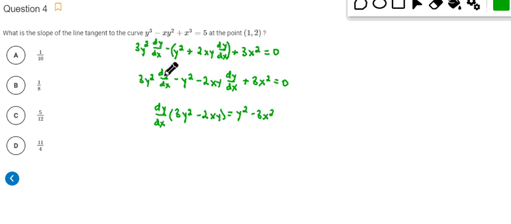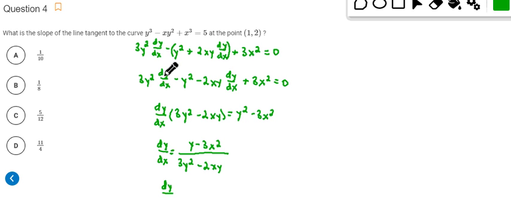So now that gives us dy dx equals y squared minus 3x squared divided by 3y squared minus 2xy. So that's dy dx. We want to know dy dx at that point.